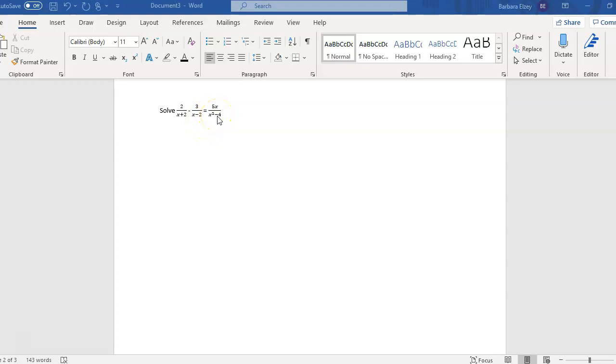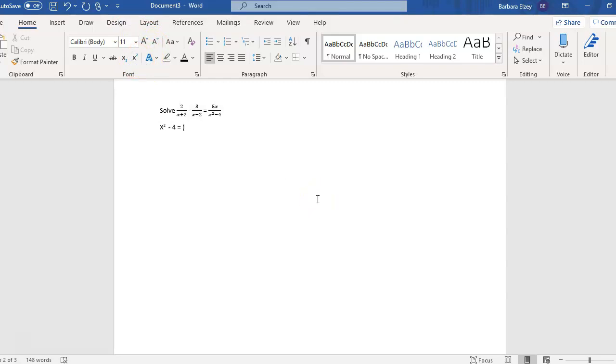And at first glance, x squared minus 4 looks like a different quantity. But let's remember that things like x squared minus 4 can be factored.